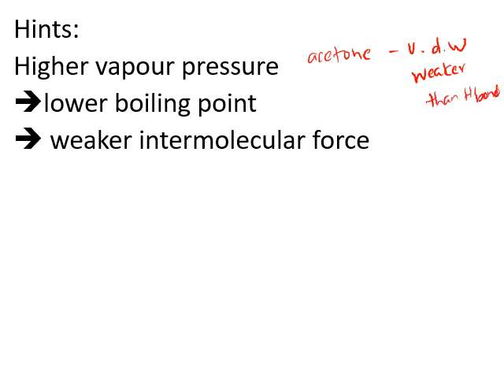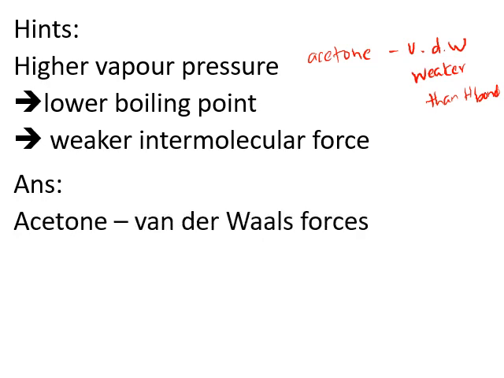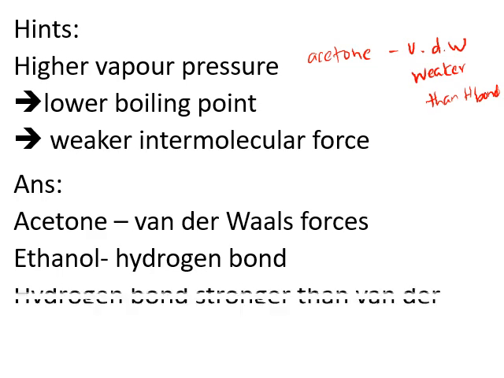So we are near to the answer. Now we're going to rearrange the idea in proper sentences. Acetone consists of van der Waals force, while ethanol consists of hydrogen bond. So hydrogen bond is stronger than van der Waals force. Therefore, acetone has higher vapor pressure.